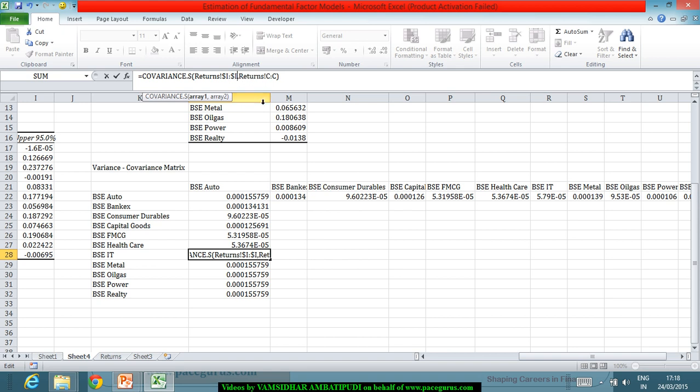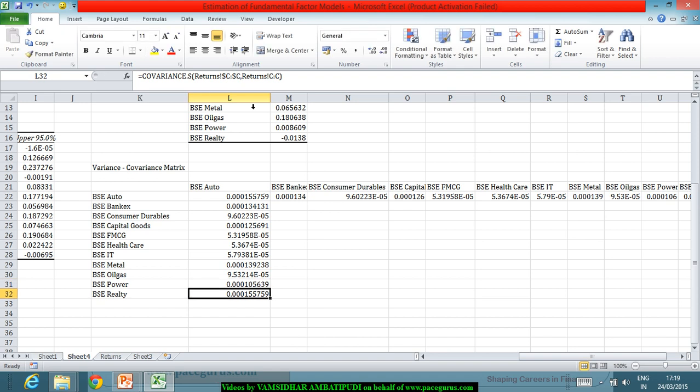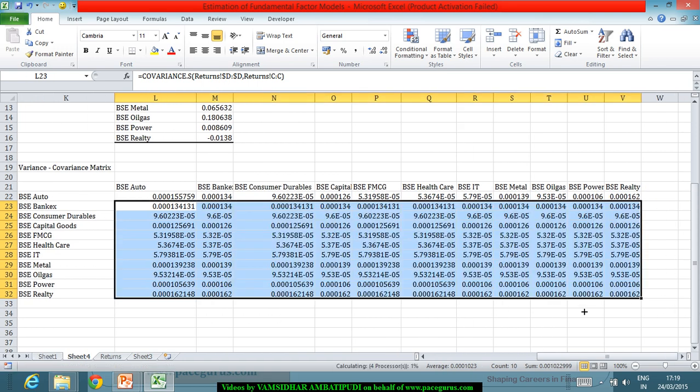Then I have I, then a J, then a K, L, and an M. So for all these 11, I'm looking at their pairwise variances as well as covariances.